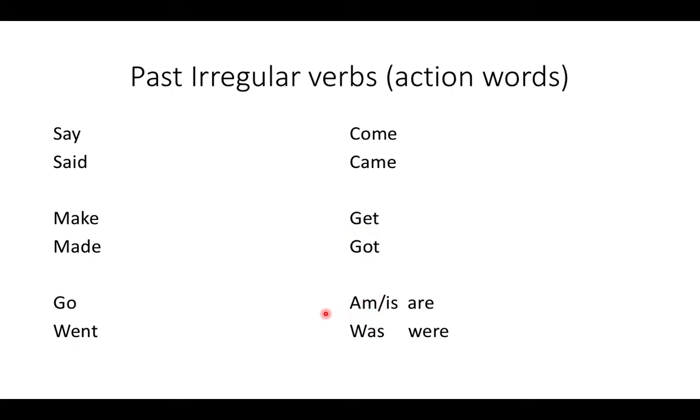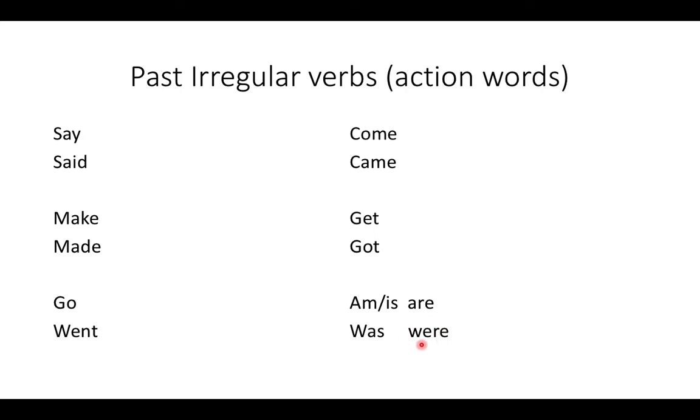And then if you have the form of be, so be, like to be, am and is or are are the present, right? I am going to work. We are coming to work. Those are present. Past for am and is is was. And are is were.